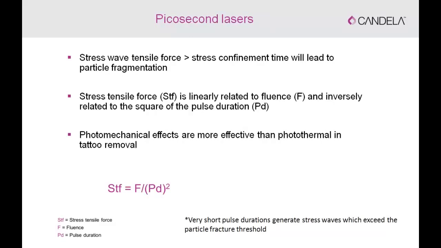As the pulse duration in the nanosecond laser machine is fixed, each time the tattoo is being treated, and the particles are being fragmented into smaller particles, their stress confinement time will increase, and to match that and exceed the stress tensile force, the only thing we could do is increase the fluence, hence we increase the fluence with each subsequent treatment.